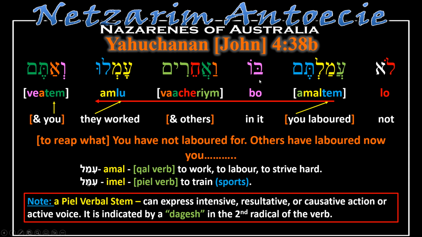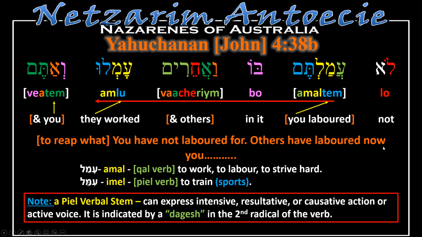Bo, in it, va'acherim, and others. We remember that acher means other. Well, now it's a plural form. And others, amlu, they worked. And again, it means they worked hard. Ve'atem, and you. So the translation is to reap what you have not labored for.